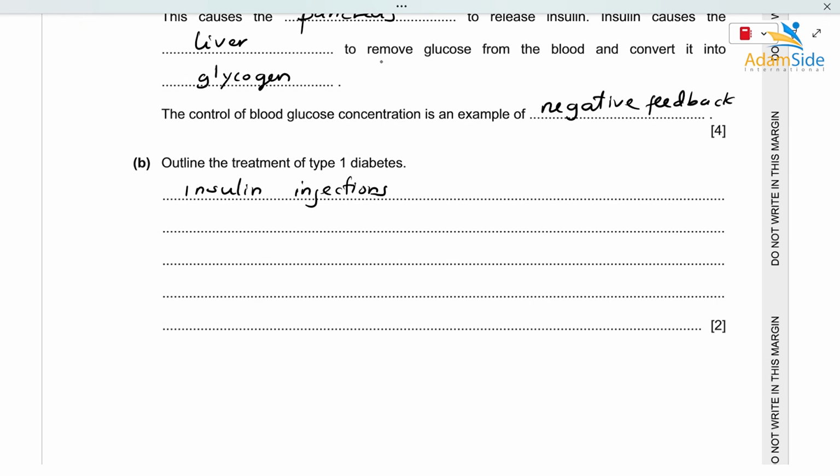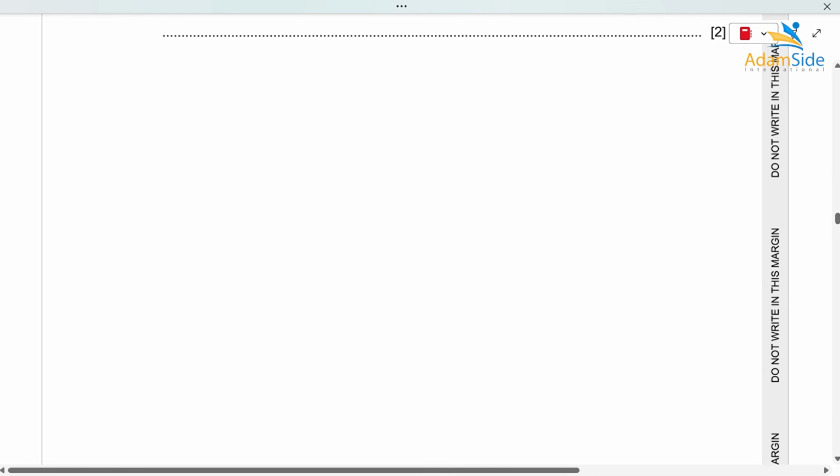It is through monitoring or counting carbohydrate intake, because carbohydrate is the one that results in the production of what? Of glucose. So here we can talk about monitoring carbohydrate intake, because carbohydrates are the ones that produce glucose. So those are the ways in which we can treat type 1 diabetes.